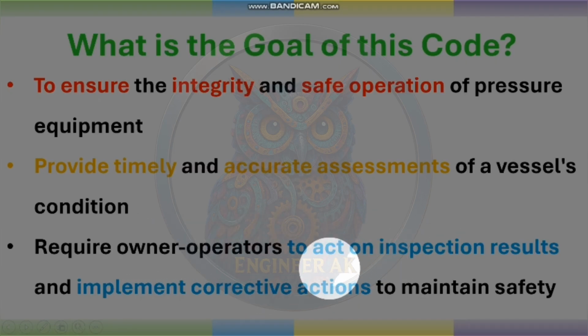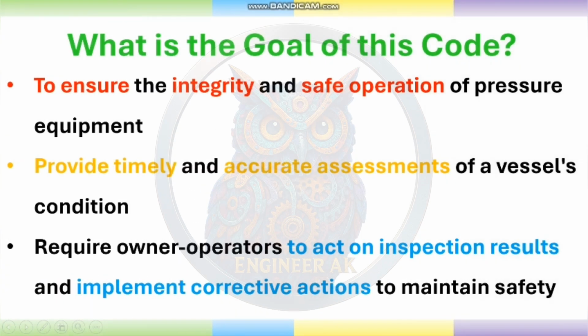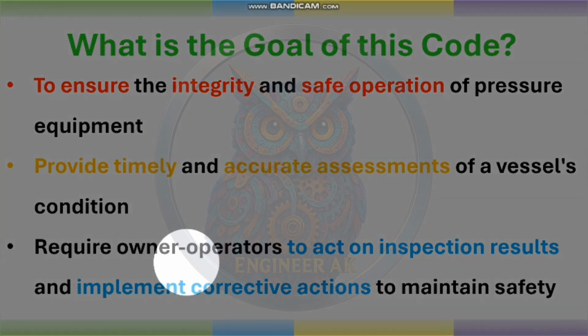So if they have an inspector and results come out showing some problem, obviously the API inspector will give some recommendations, so the company or the owner operator should implement those corrective actions or follow those recommendations to maintain the reliability of the vessel.